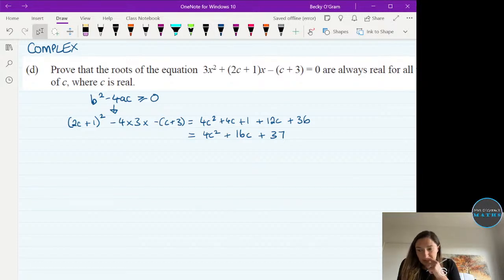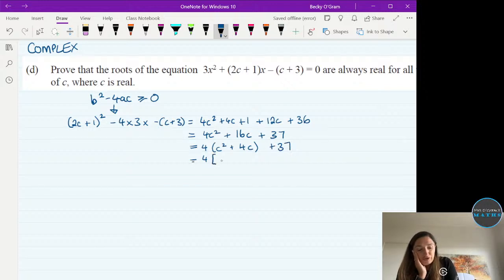Now, if we do completing the square on this, it's a way to put this into a form where hopefully we get a bracket that's always going to be squared, and we can show that that would always be positive. To do completing the square, I'm going to take out a factor of 4 first, and I'm only going to bother with the c terms here. Now we do completing the square on those c terms. So we have c plus 2 all squared.